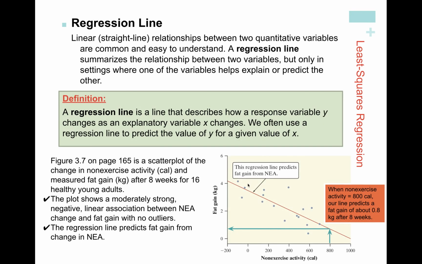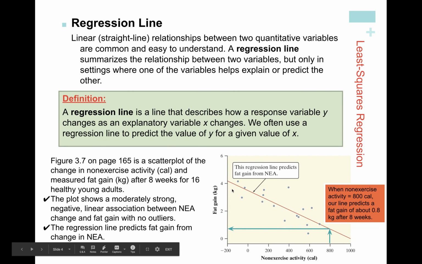So all these blue dots are the actual 16 people, the 16 healthy young adults, and it's their actual value of non-exercise activity and their fat gain after this 8-week study. Okay, so like this dot has an X and a Y, an actual X value and a Y value.